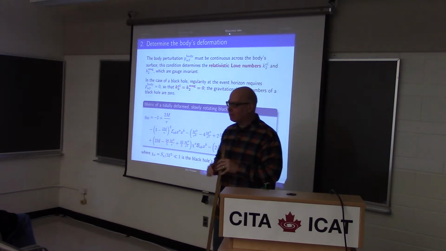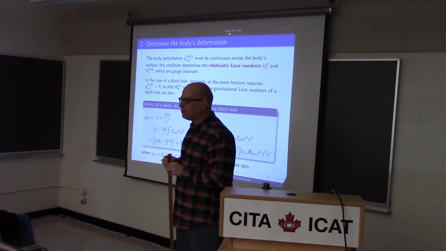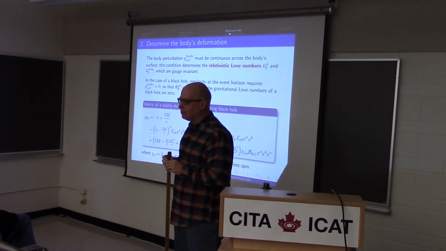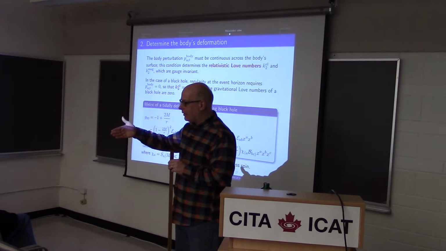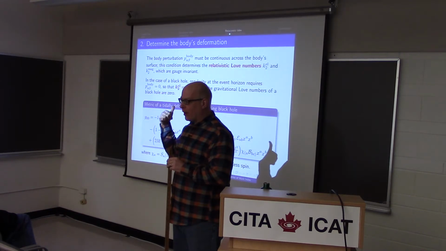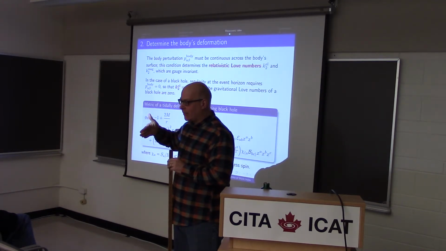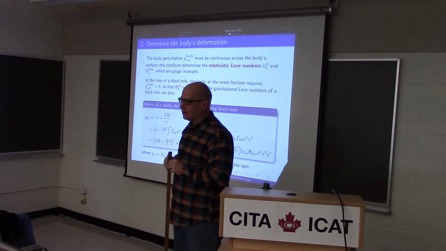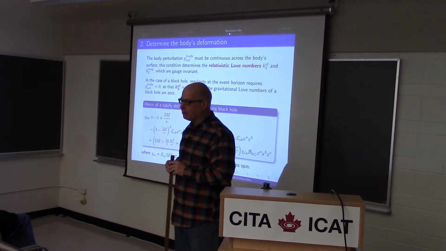What do you actually mean when you say that it is well behaved at the event horizon? That if you look at the perturbation field as a tensor field, it has to be regular at the event horizon. And what you find is that a generic perturbation would in fact be singular, and you have to take that piece out. Otherwise, you don't have a black hole. Right?